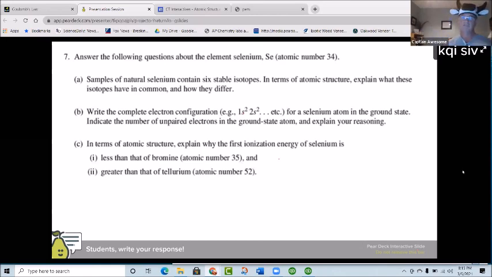So selenium has fewer protons than bromine. So bromine, with more protons, pulls harder on the electrons, which means it will take more energy to remove those electrons. More protons is more pull, more energy to remove them. So that's why bromine is more than selenium, or why selenium is less than bromine.